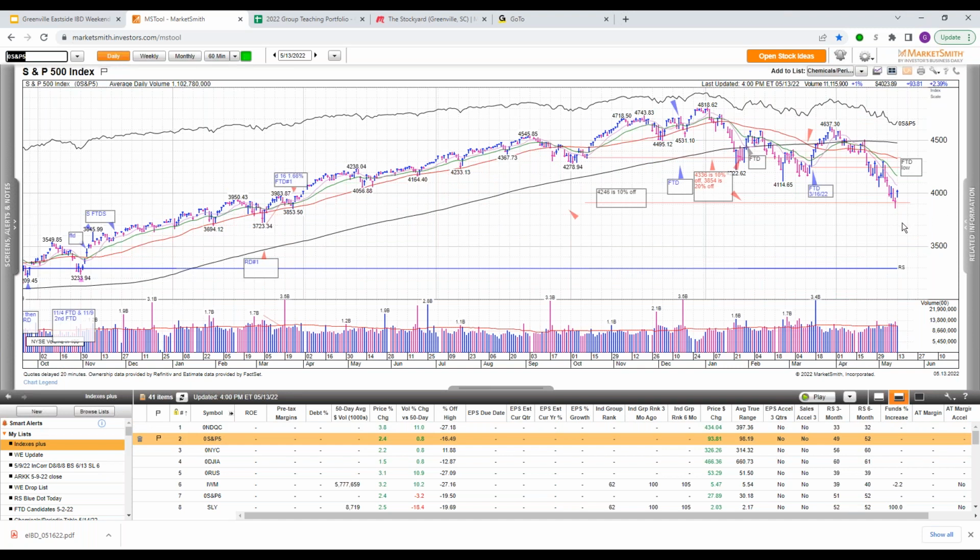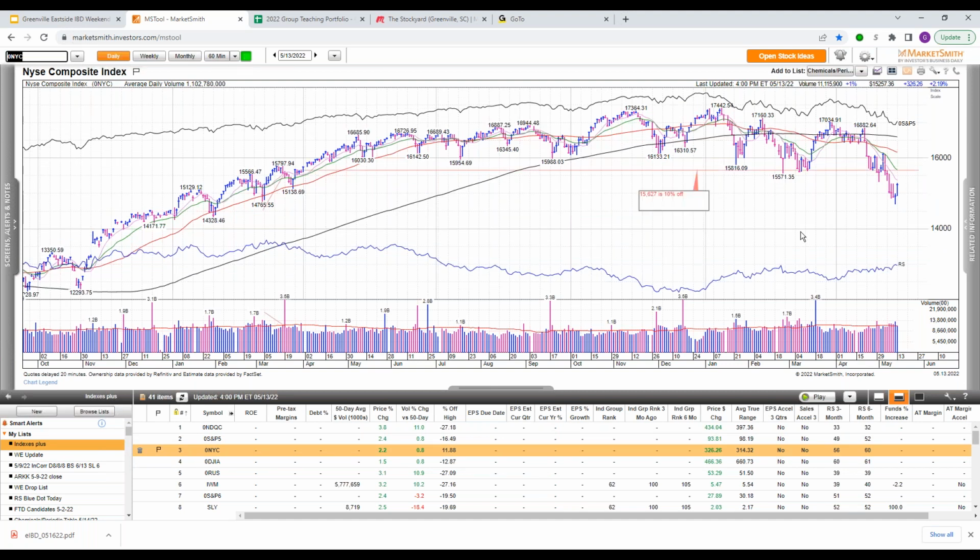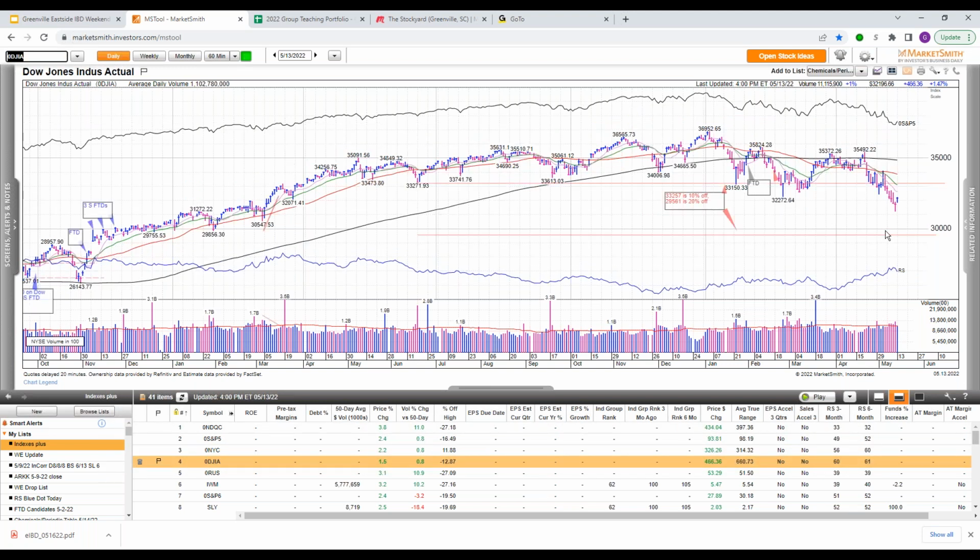S&P finally dipped into official bear market territory. It didn't close down there. That's the 20% offline. Still, the moving average lines are all upside down, all trending down. NYSE, same thing. I don't have the 20% line on here. It hasn't come down that far yet.